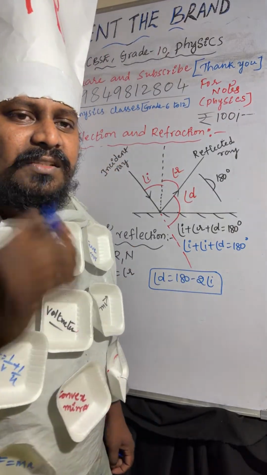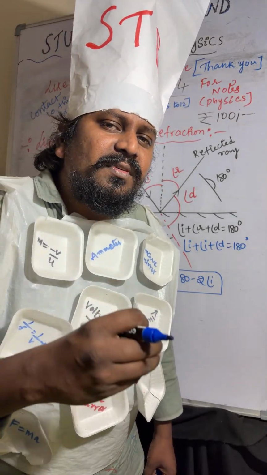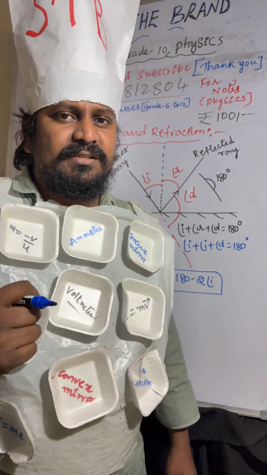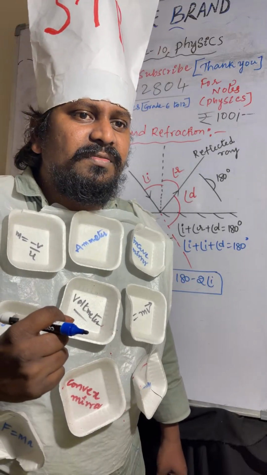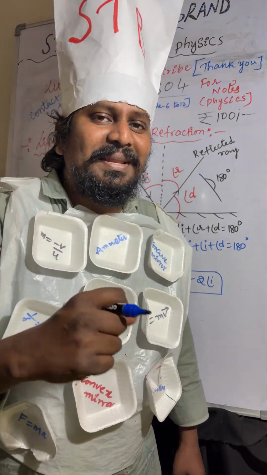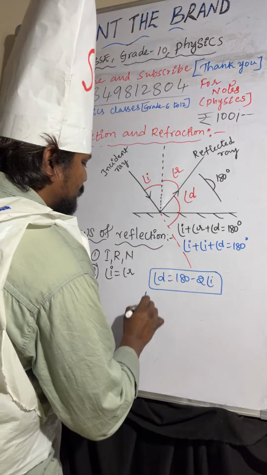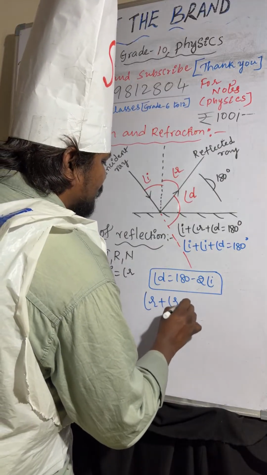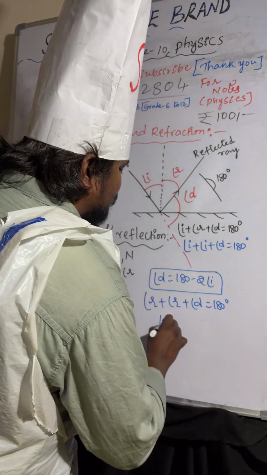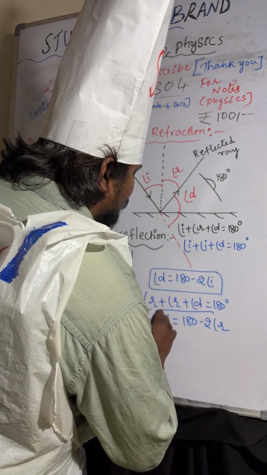If I substitute angle of reflection in place of angle of incidence, then I will get angle of deviation equals 180 minus 2 times angle of reflection.